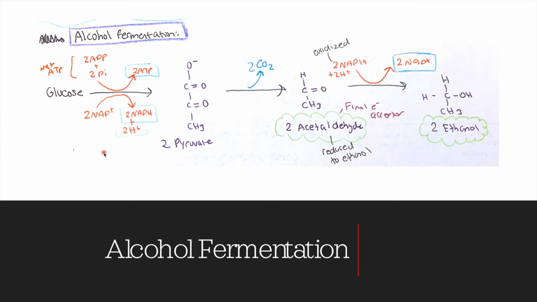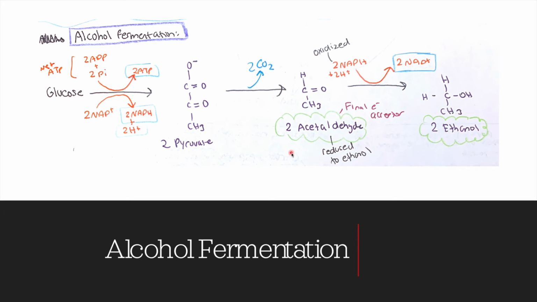As I mentioned previously, alcohol fermentation begins with glycolysis, resulting in the production of 2 pyruvate molecules. Now, since oxygen is not present, fermentation takes place. The pyruvate molecules are converted to acetaldehyde with the loss of carbon dioxide.